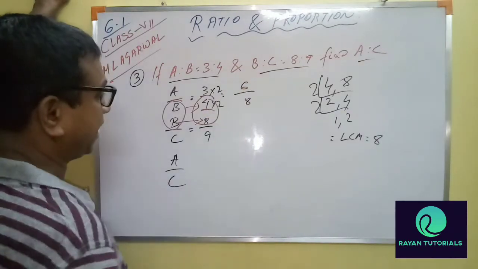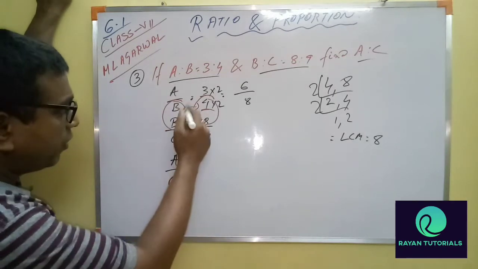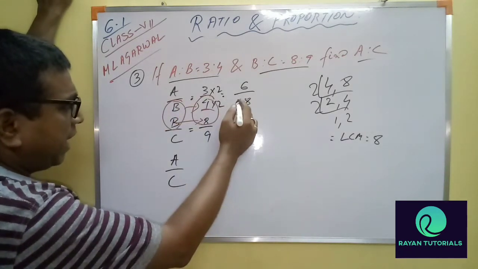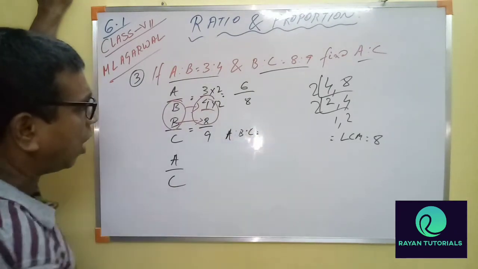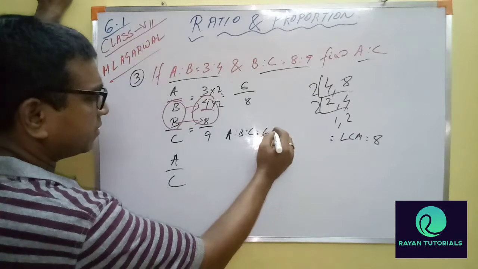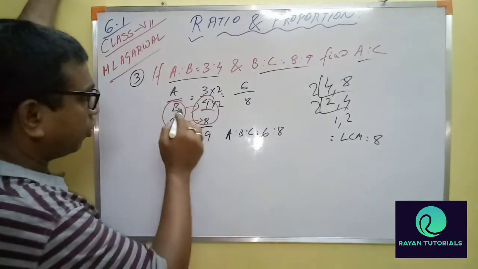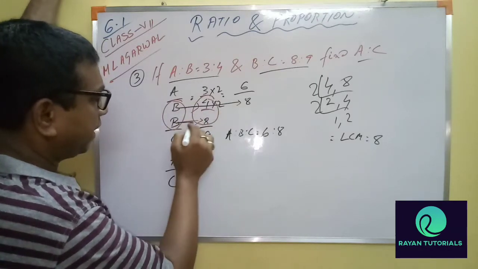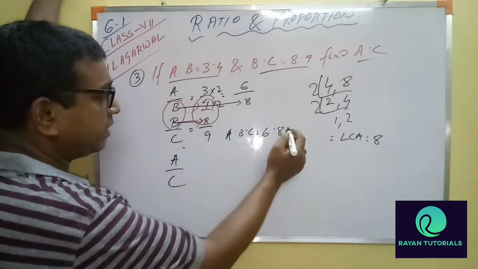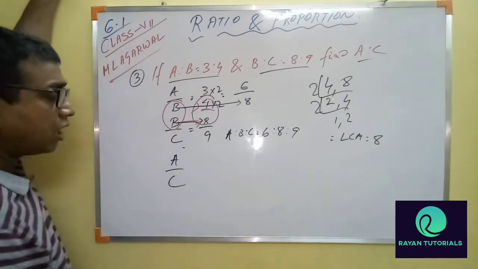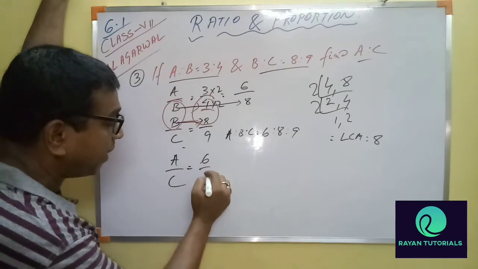So, it becomes 6. And here 8 by 9. Wherever you see it is 8 only. Here also B is 8. Here also B is 8. So B is 8 and C is 9. Now they ask me to find out A is to C. A is to C how much? 6 by 9.